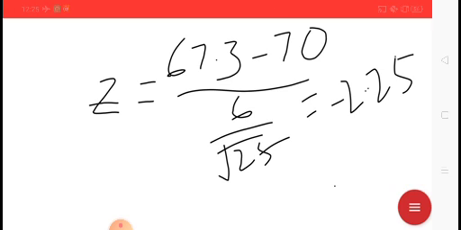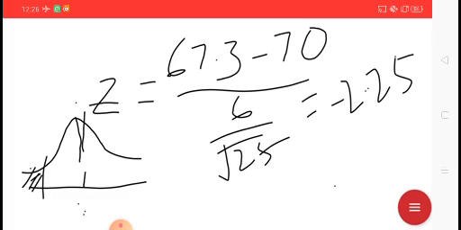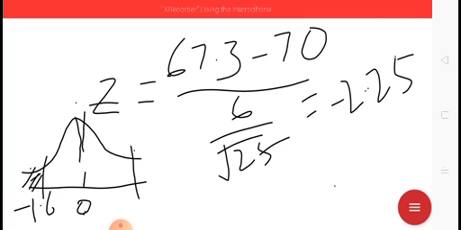For this question, they ask you to test at the 5% significance level. The diagram may not be necessary if you already know. 5% lower part means you need to look for 0.95, and you should get 1.645. 1.645 is the positive side, so the negative side will be negative 1.645.